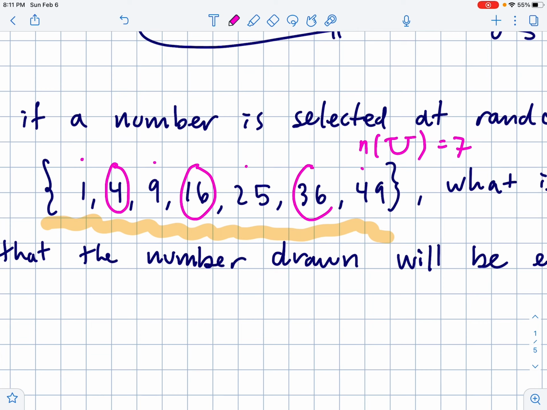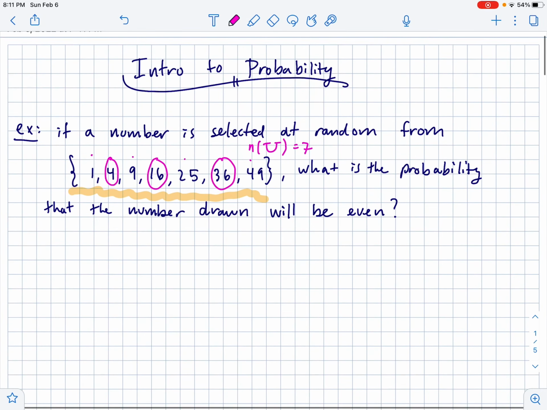So even numbers, there's 1, 2, 3 out of the 7 that are even, because 1, 9, 25, and 49 are odd. So the probability that we're going to get an even, well, there's 3 ways that we can draw an even out of the 7.